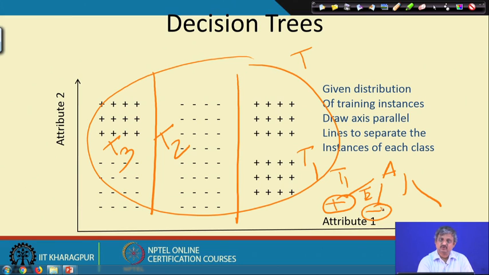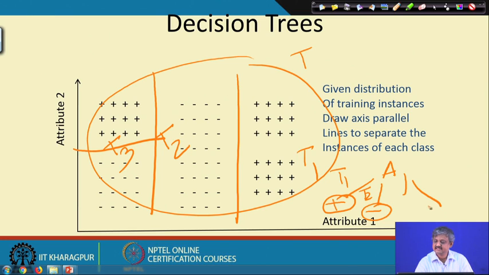T3 is not yet pure, so I have to split it further. But now, considering T3, attribute A1 is no longer the best attribute to split along. Considering the entire T, A1 was the split, but considering only T3, A2 is a better split. Okay.